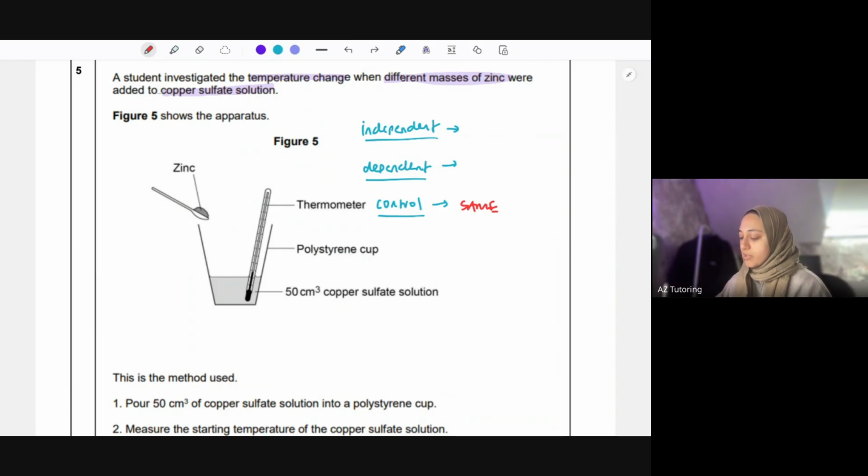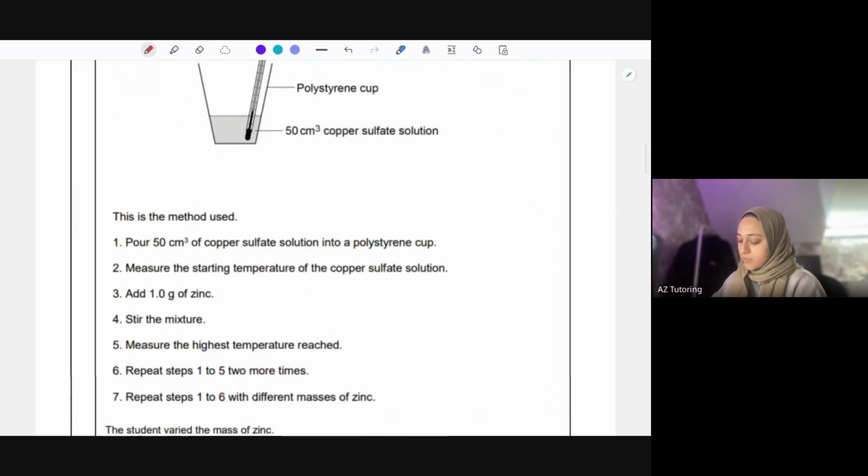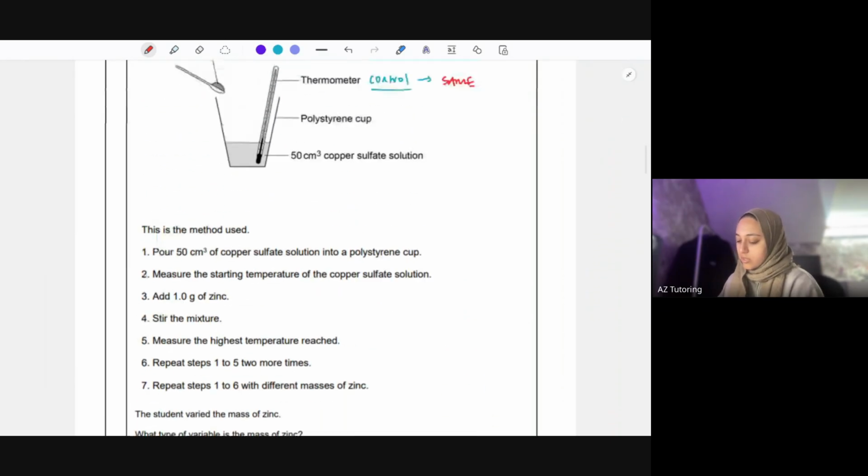Your dependent variable is what you're measuring. And your independent variable is what you're changing. So you can see here, independent, we're changing the masses of zinc, and the dependent, we're measuring the temperature change. Okay, so this is the method that they used. We'll come back to this, but I can see what they're doing anyway.